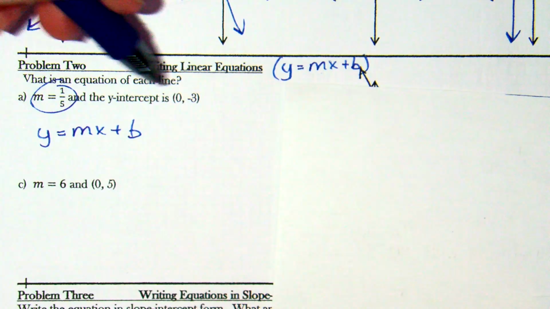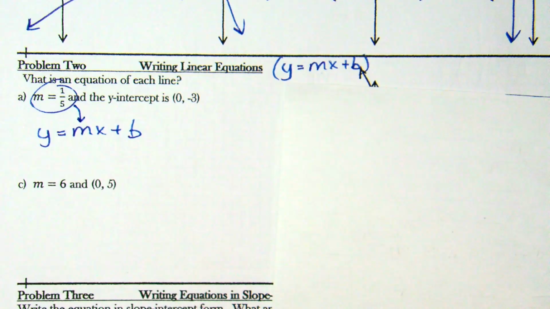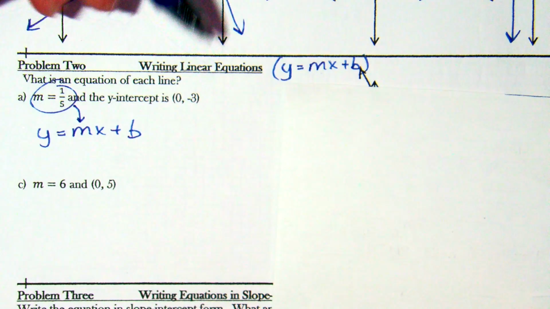Put it in, yes? It says the y-intercept is 0, -3. What is my b value? The b value is what? The 0 or the -3? The -3. So right there is your b value. Because remember, in an ordered pair, it's 0, -3, so it's left to right 0, down 3.